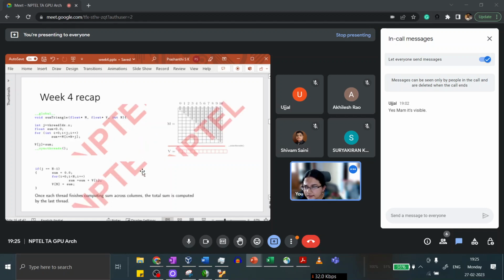I think this was an example that was discussed in class 2. Here you have each thread performing a sum of a certain number of elements, and then finally the last thread computes the total sum. So sync threads almost looks like a barrier.